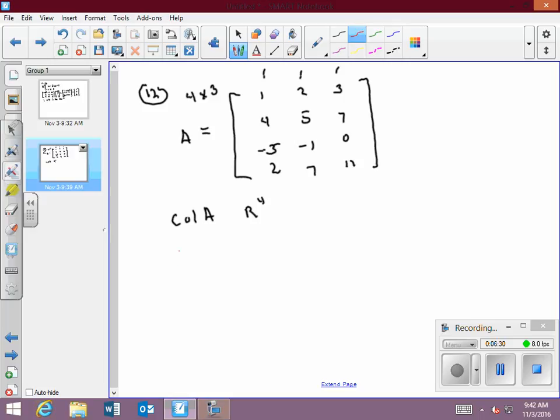And to be in null A, what you do is you have to multiply A times some X equals 0. Well, that means that this X is going to have the same number of elements in it as there are columns. So this would have to be in R3. Does that make sense?